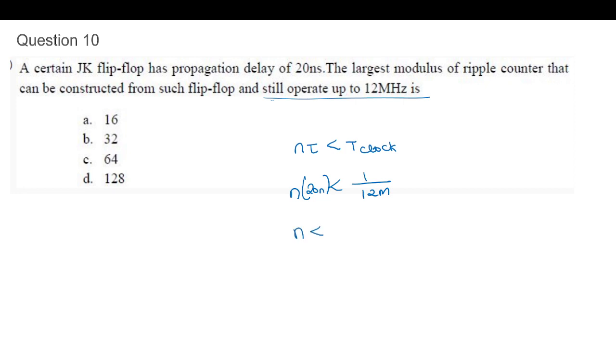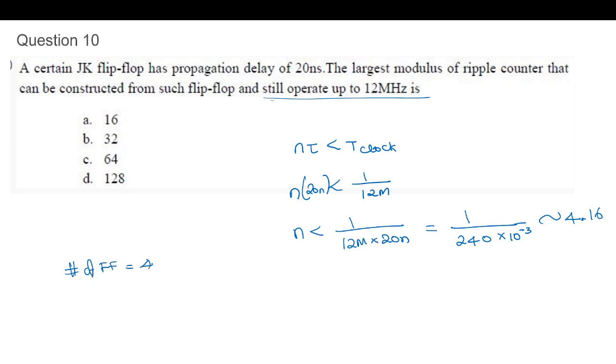And n will be less than 1 upon 12 mega into 20 nano, which is around 4.16. So what will be the modulus of the counter? Number of flip-flops is the n, right? It is 4. So the modulus of the counter is 2 to the power 4, which is 16.